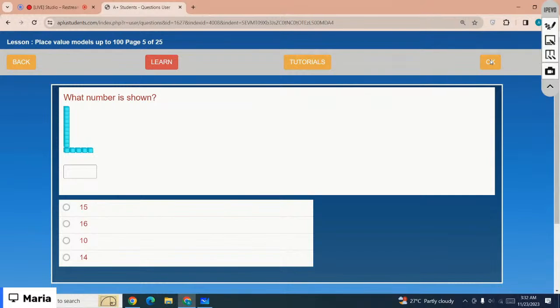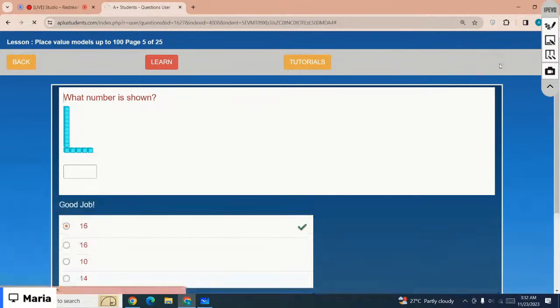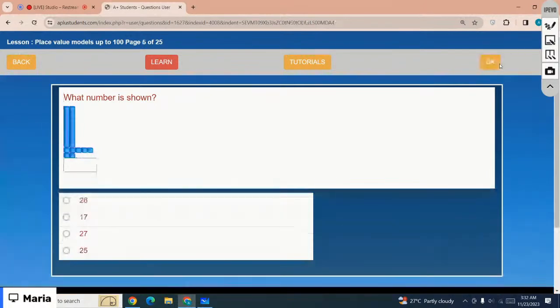Yes, it makes 15. The correct option is 15. Okay, what number is shown? Which is the correct option?